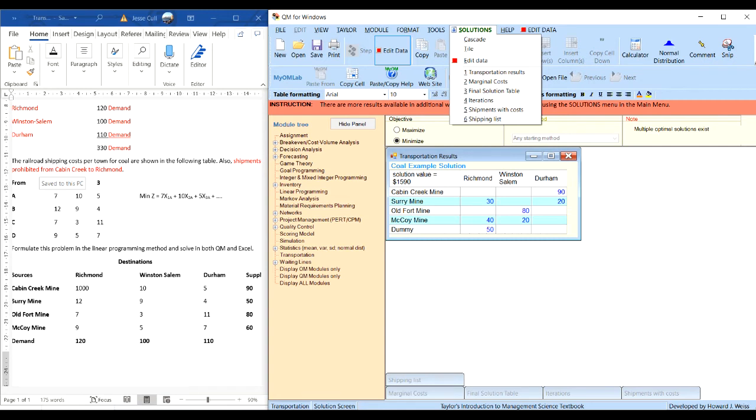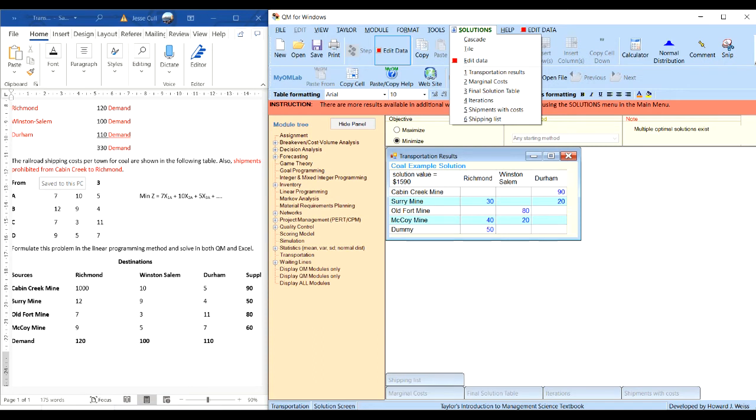It looks like Durham receives 90 tons from Cabin Creek and 20 tons from Surrey. Winston-Salem receives 80 tons from Old Fort Mine and 20 tons from McCoy Mine. Richmond receives 30 from Surrey Mine, 40 from McCoy Mine.